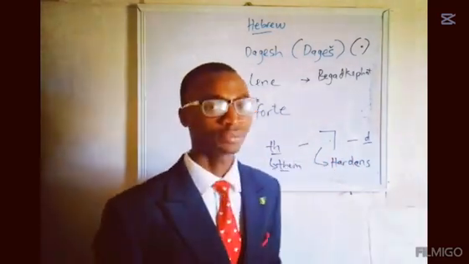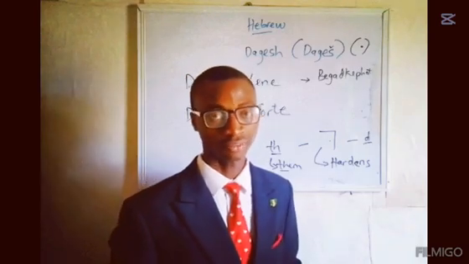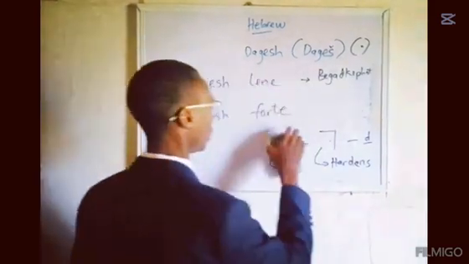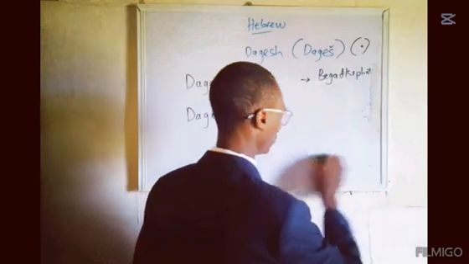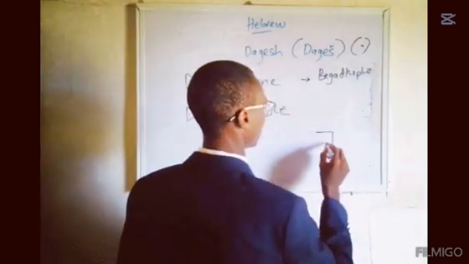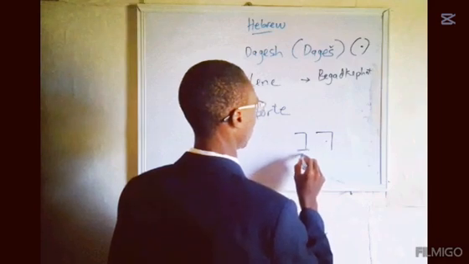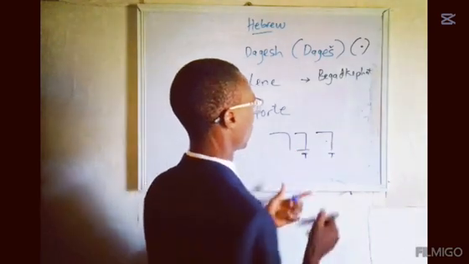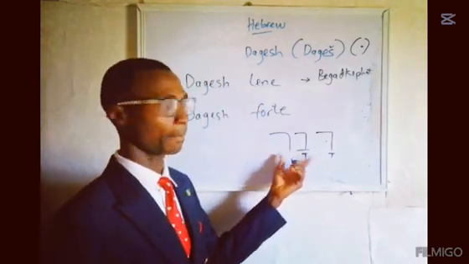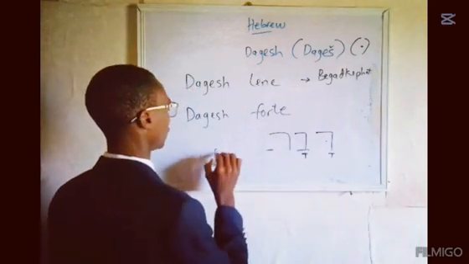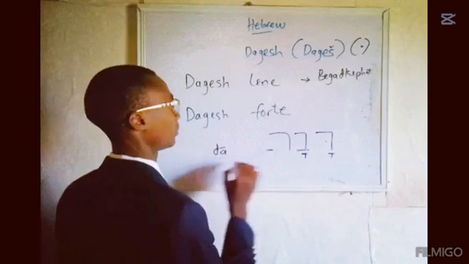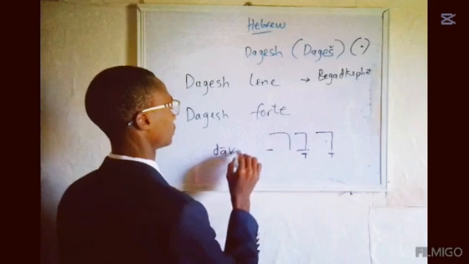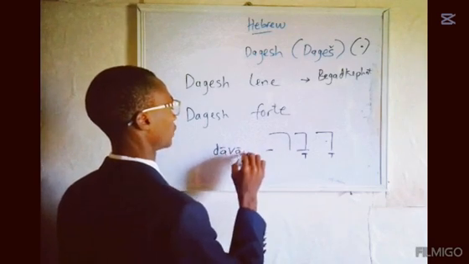And this Dagesh Lene is also referred to as a weak dot. It's a weak dot. Now, we have an example of this, the word davar. We have Dalet, Qamets, Bet, Qamets, and Resh.